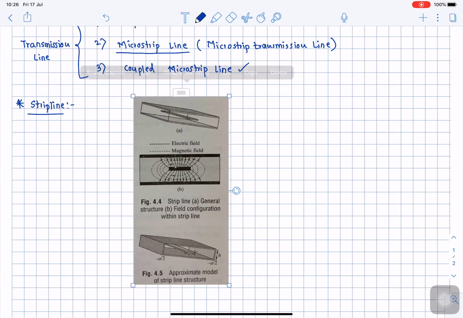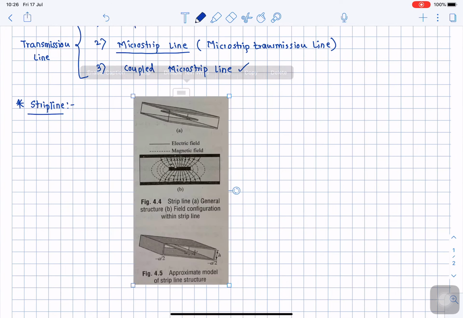Now the electric field is confined between the strip line and the ground plane. So actually this is the ground plane, right? This is the top ground plane and this is the bottom ground plane. Right?